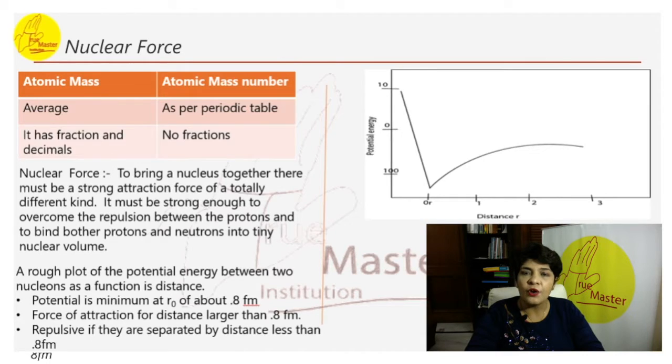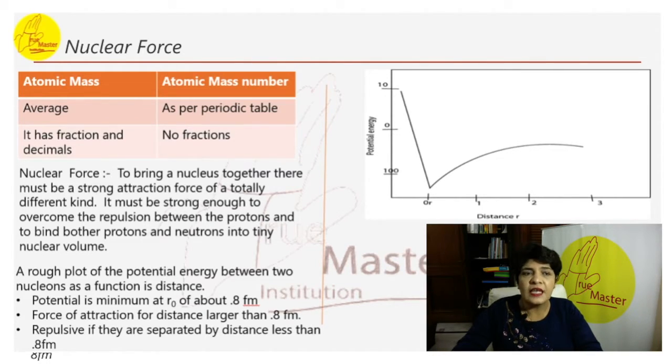Atomic masses are not all equal. If we take a sample of carbon whose mass is 12 units, some carbon atoms have mass 13 also. So we have an average mass. Therefore, we can differentiate in this table between atomic mass and mass number.